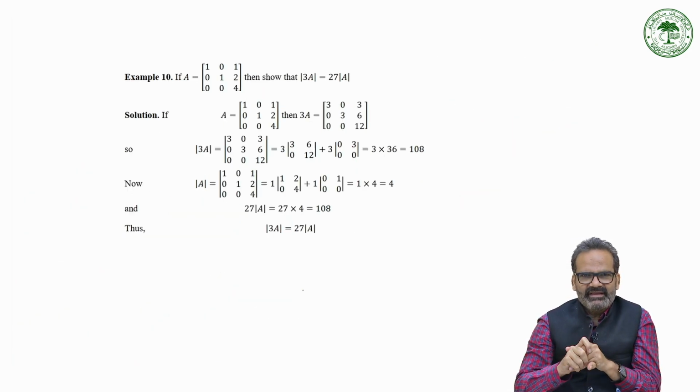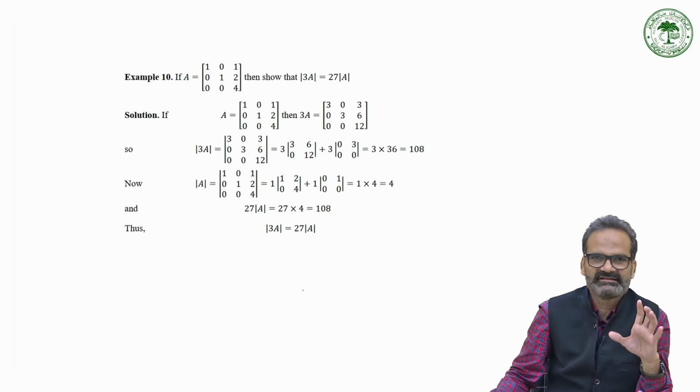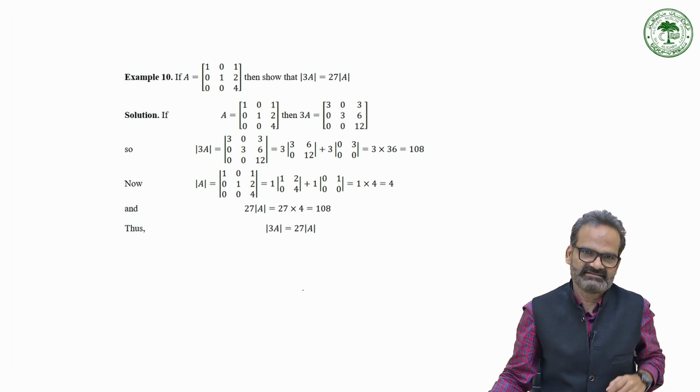This is what: if A is equals to this matrix, then show that determinant of 3A is equals to 27 times determinant of A. We have already discussed almost everything about matrices, and then we came to the new notion, that is determinant.